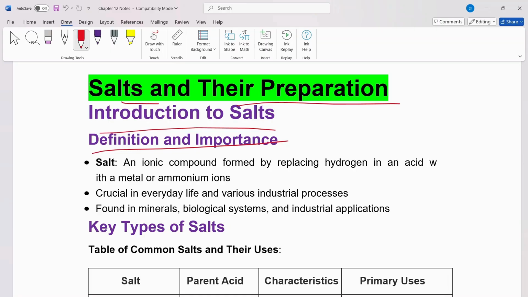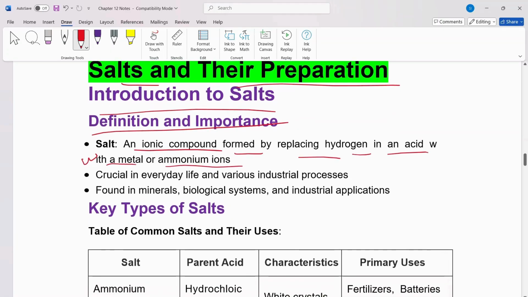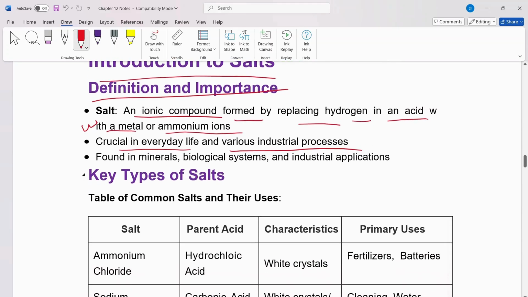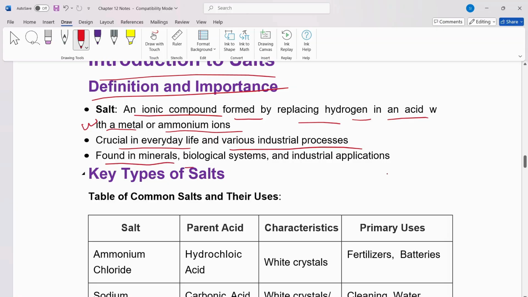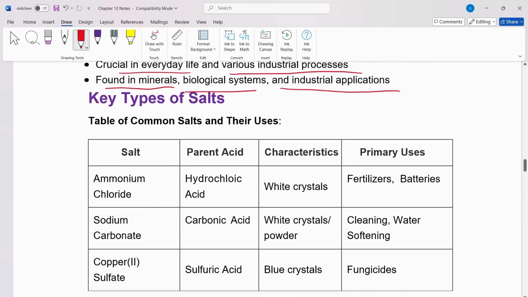Salt is an ionic compound formed by replacing hydrogen in an acid with a metal or ammonium ions. Crucial in everyday life and various industrial processes, found in minerals, biological systems, and industrial applications.